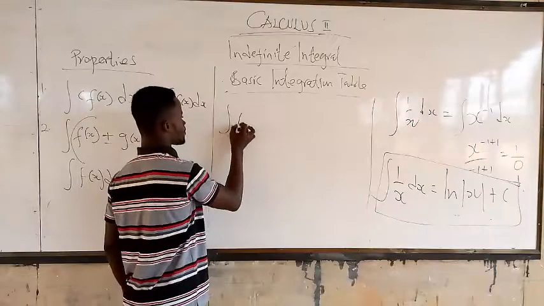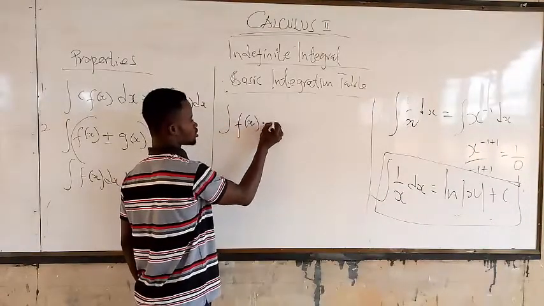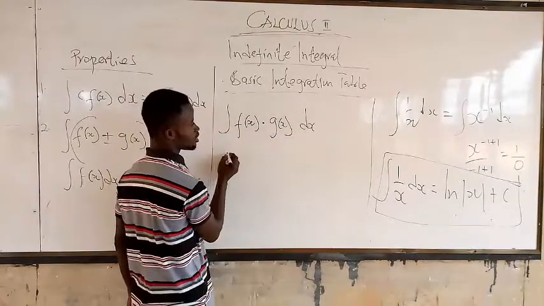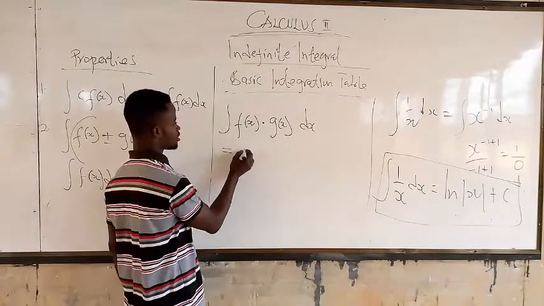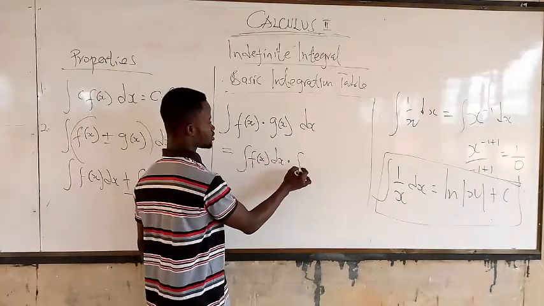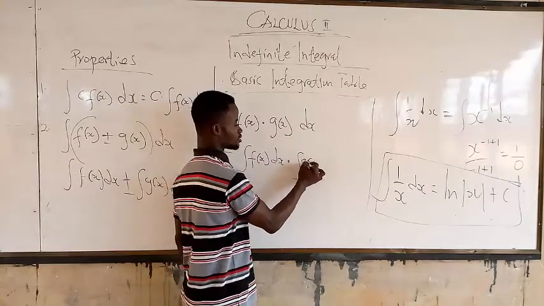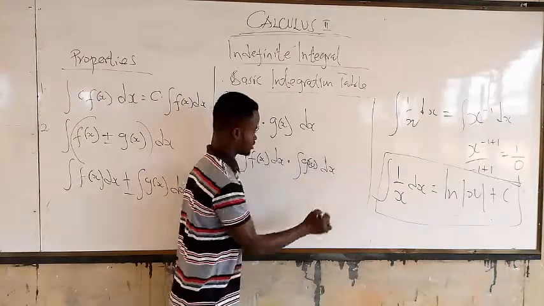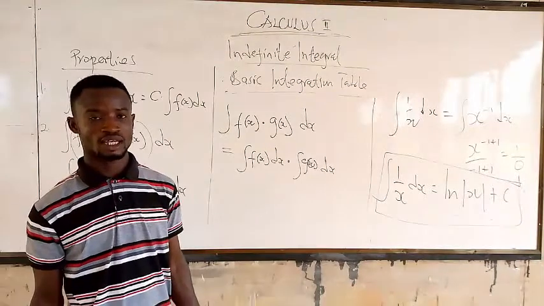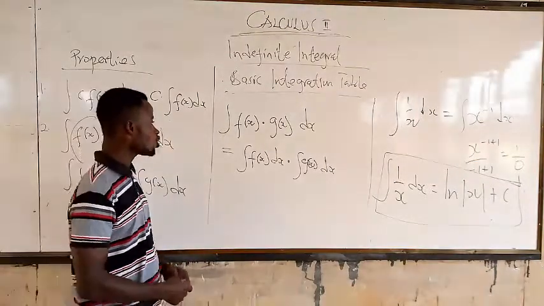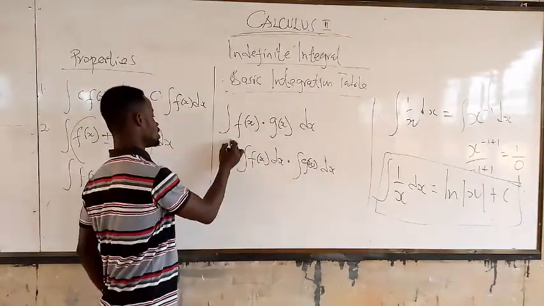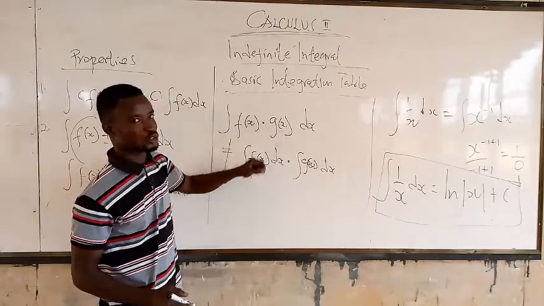Is the integral of f of s times g of s with respect to s the same as integrating f of s ds times integrating g of s ds? Is that what you are thinking? Please, no, it's not. This is not equal to this.